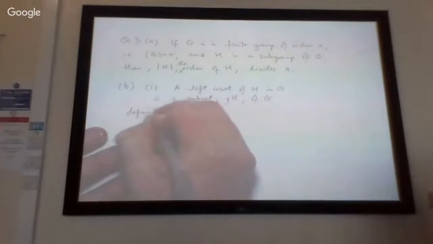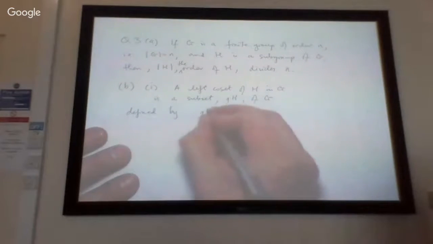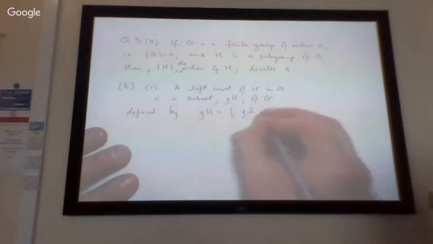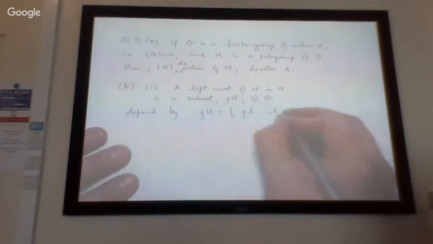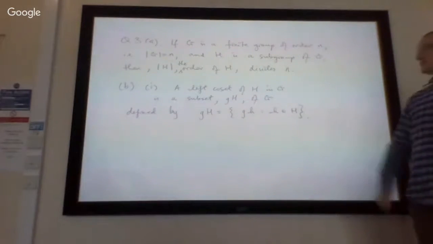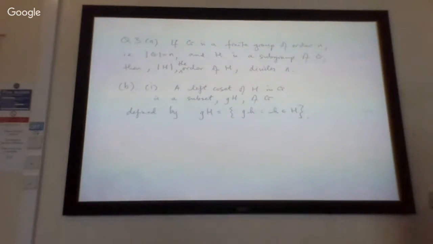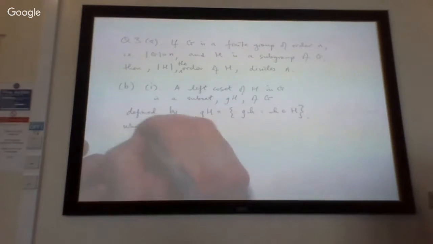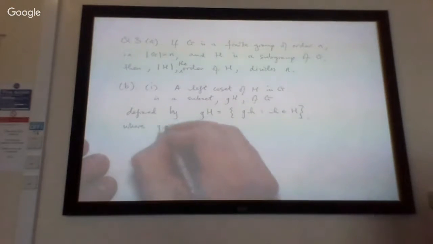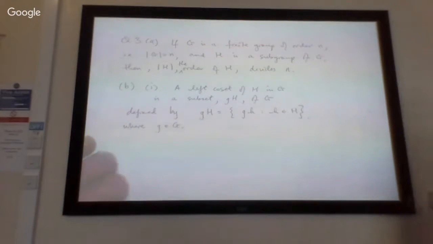is defined by the subset little g times capital H, which consists of every product little g times a little h as little h ranges over the elements of capital H, where g is some element of G. Does that pretty much define what a left coset is?